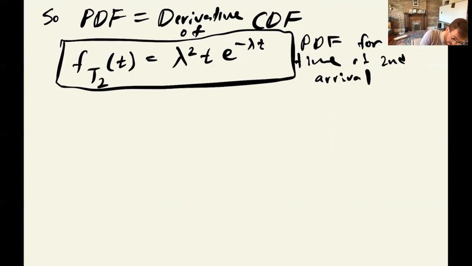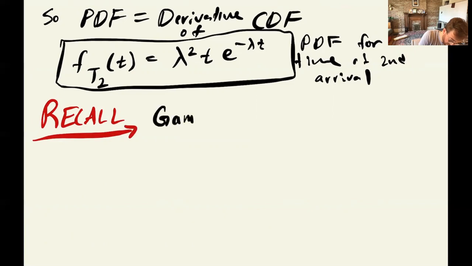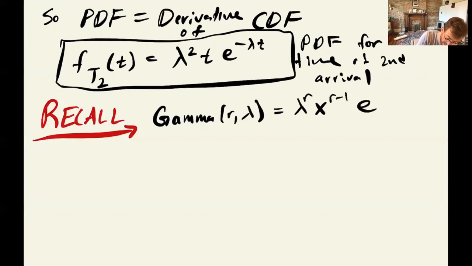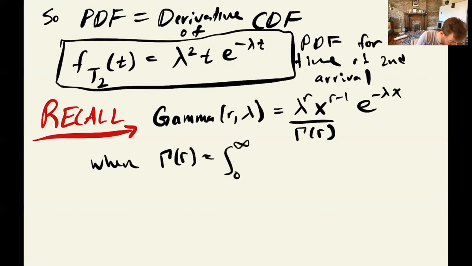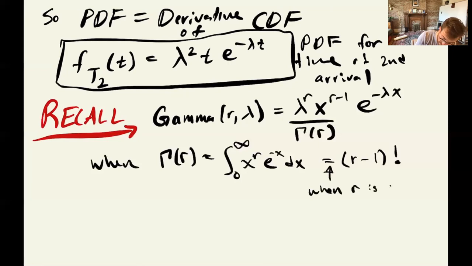So we'll call it gamma, r, lambda, equal to lambda to the r, x to the r minus 1, e to the minus lambda x, divided by gamma of r, where gamma of r is equal to this integral from 0 to infinity of x to the r e to the minus x dx, which coincides with r minus 1 factorial when r is an integer.